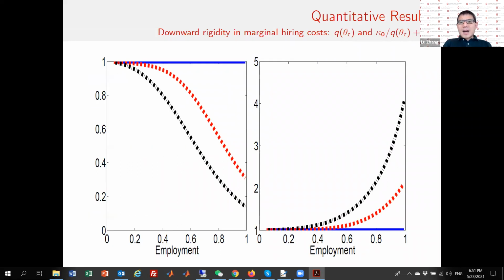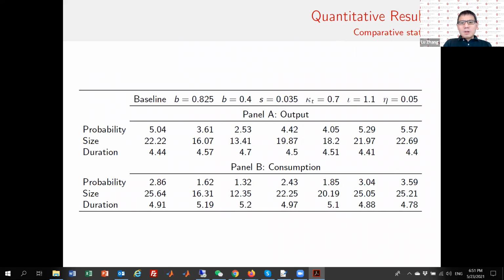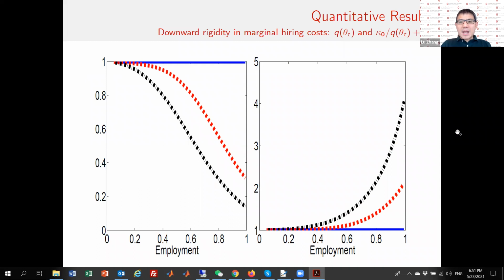All right, so let me pull wage inertia and the downward rigidity in marginal cost together to describe the causal mechanism of the disaster dynamics in our model. So how can a standard textbook model generate endogenous disasters?